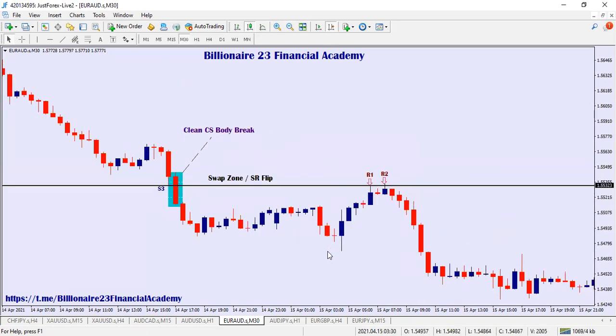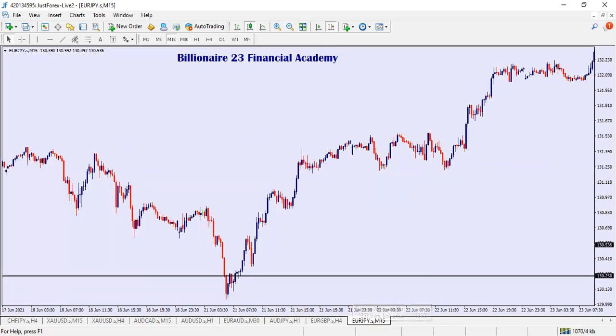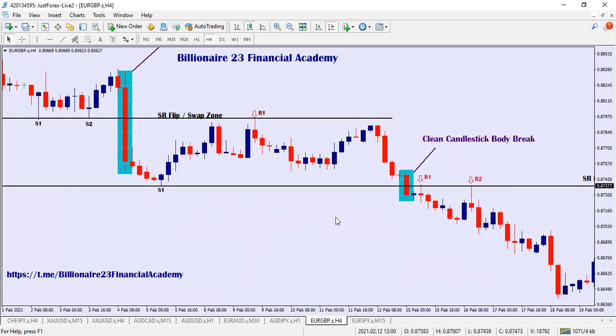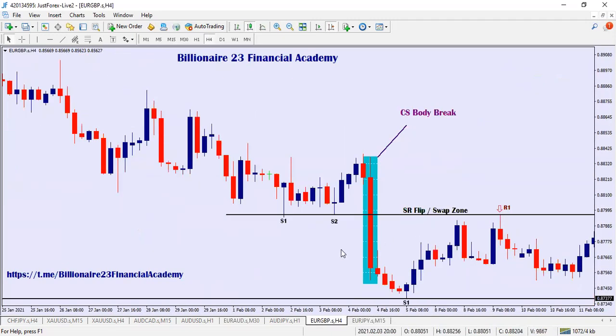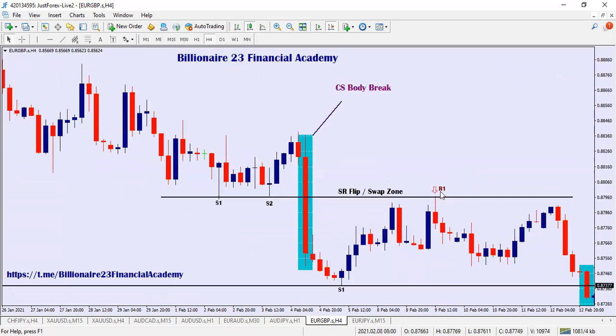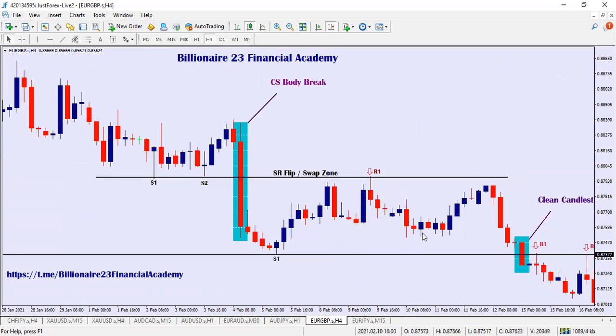And we'll move on to example 2. Okay, example 2, similar situation. We have supports here, support touch 1, support touch 2, clean candlestick body break. We have resistance touch 1 in this case, just one touch of resistance, and then price dropped. I hope it makes sense.